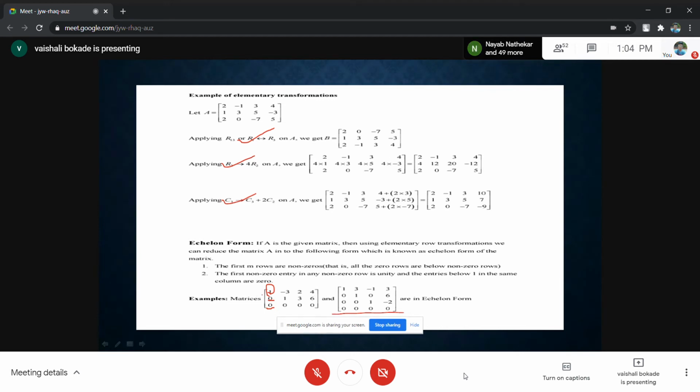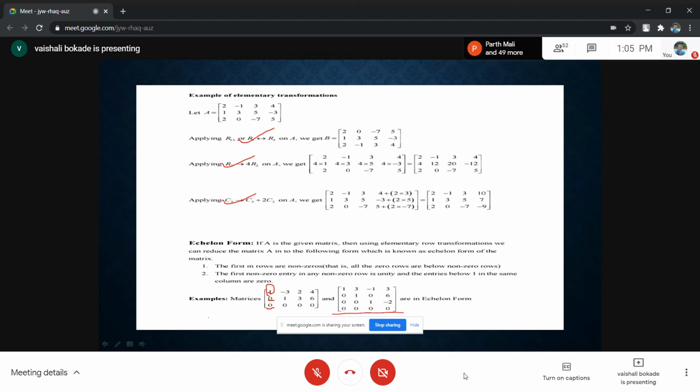You will use R1 to convert the remaining first column elements, except a11, to 0.